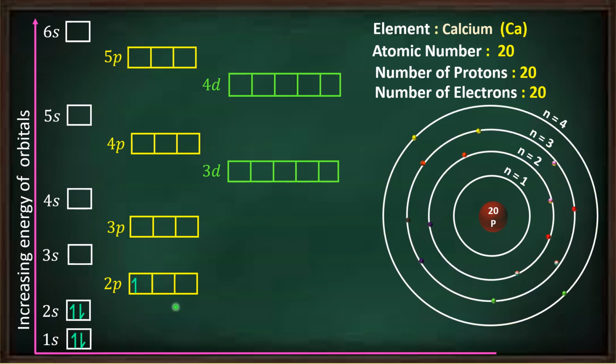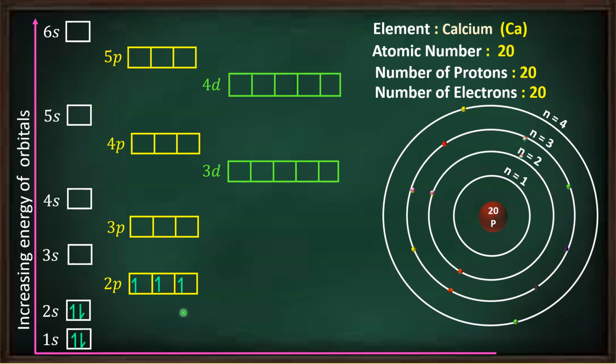Sixth electron occupies the other empty orbital of 2p. Seventh electron occupies the third empty orbital of 2p. So 7 electrons have been filled. The 2p orbitals are half filled with single electrons. Then pairing will take place from the next electron onwards.